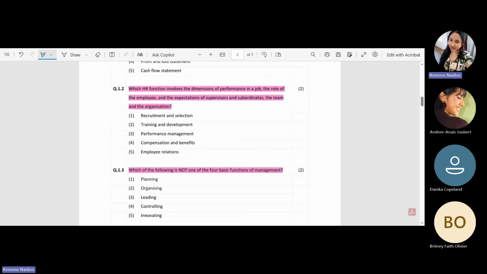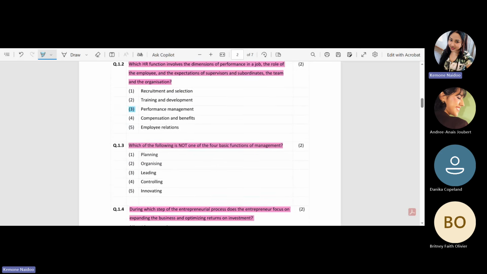You can just type out the number if you want. Yes, performance management.